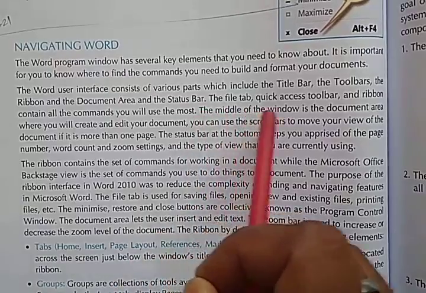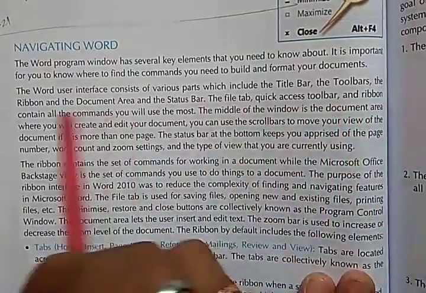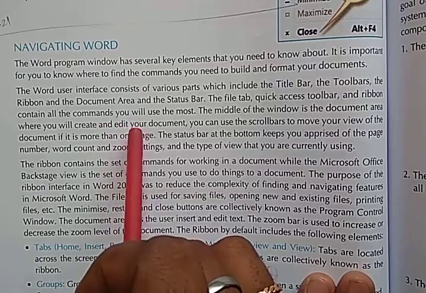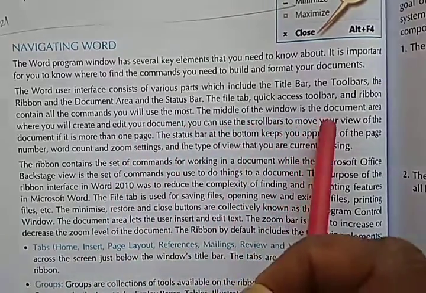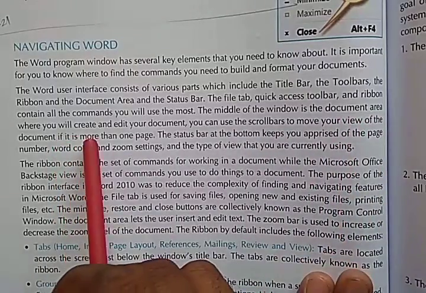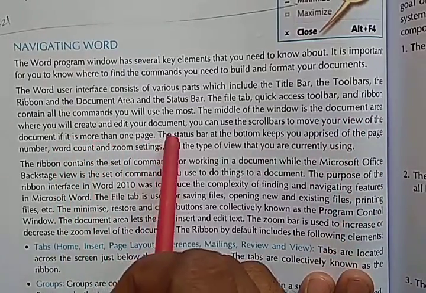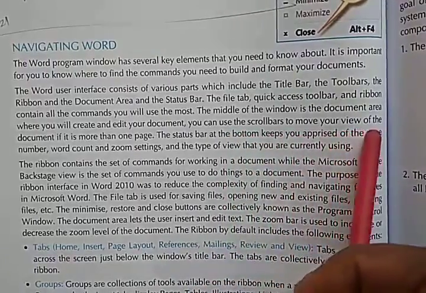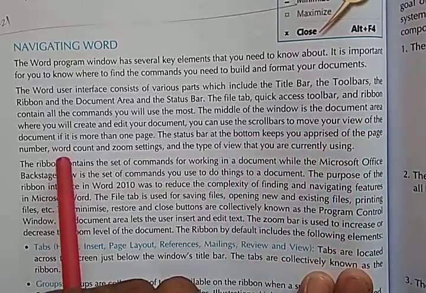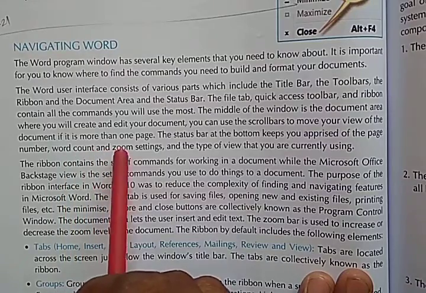The File tab, Quick Access toolbar and ribbon contain all the commands you will use the most. The middle of the window is the document area where you will create and edit your documents. You can use the scroll bars to move your view of the document if it is more than one page.